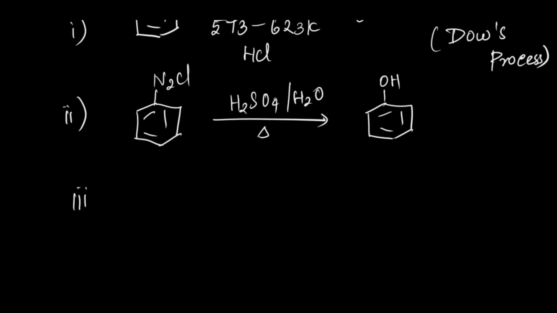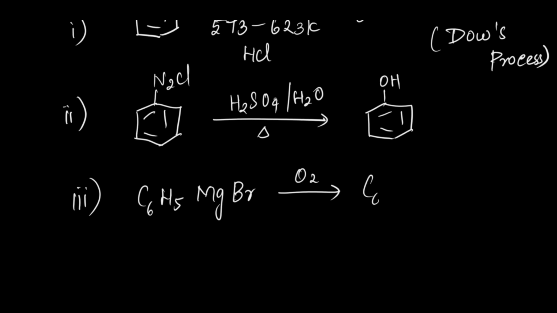The third method is from Grignard reagent. Instead of R, I am using C6H5, remaining the same. I am taking MgBr. By oxidizing this, I am getting C6H5OH with the elimination of the Grignard reagent.